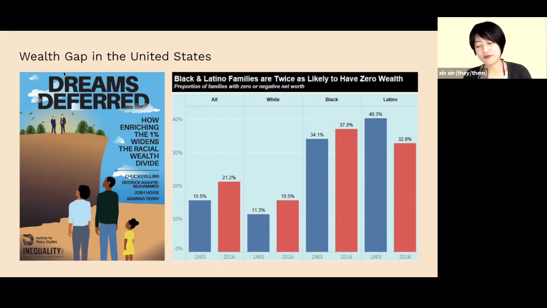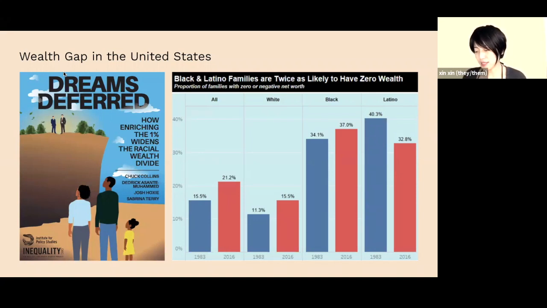Whether someone's family or parents were homeowners or landowners or had stocks or had any sort of properties that they were able to pass on versus not also contributes to this chart over here.